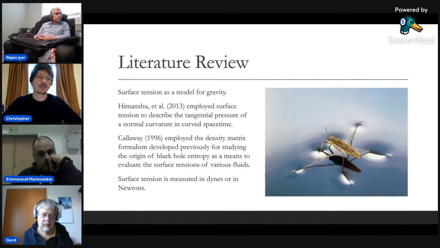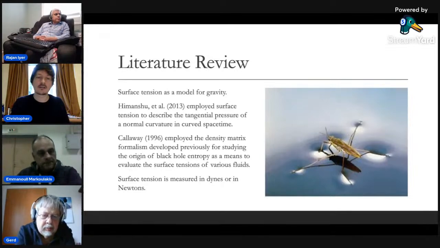So a quick review of related work here in terms of surface tension as a model for gravity. We have Himanshu et al. They employed surface tension to describe the tangential pressure of a normal curvature in curved spacetime. So that's a lot to do with general relativity, and it's generally up to the boundary surface of the black hole and that kind of thing.